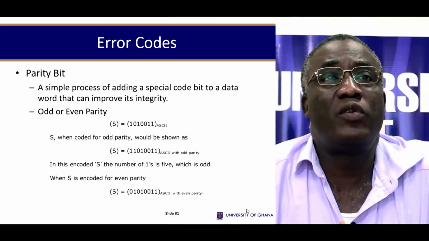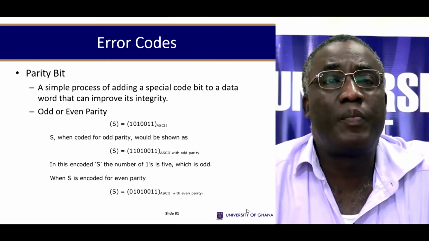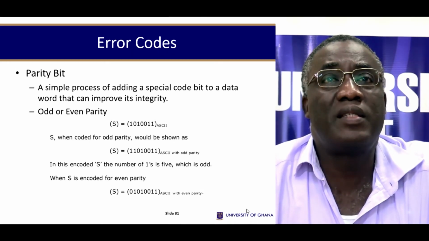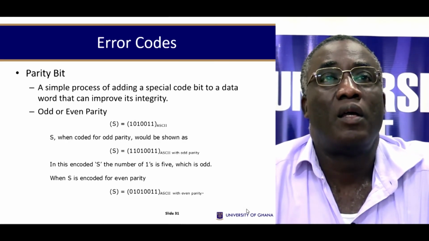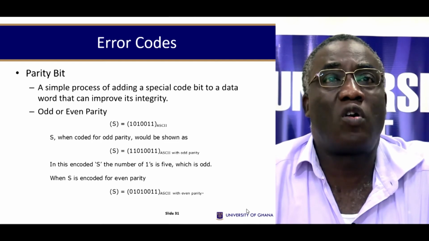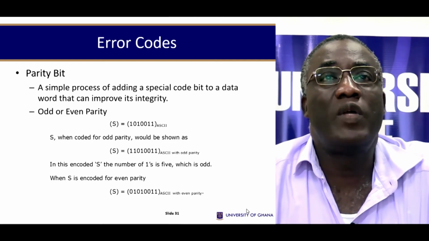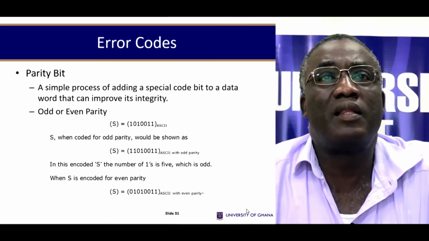So if you wanted to send the character S, for example, the character S is represented in ASCII as 1010011 using 7 bits. When we code this for odd parity, we add an extra bit, because the number of ones in the original is 4.